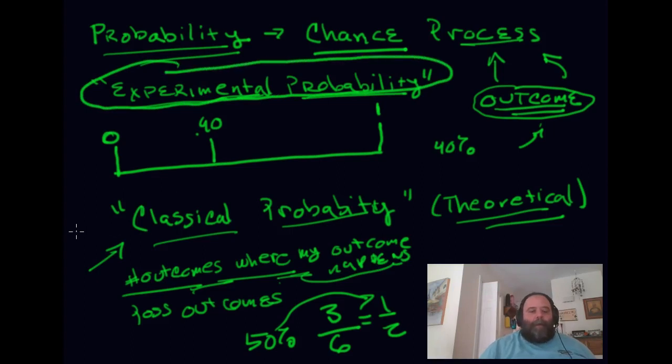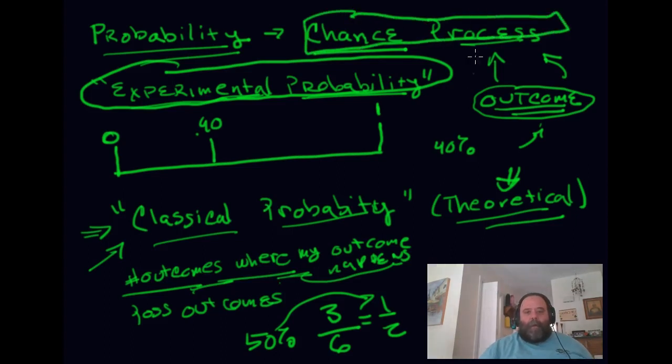Normally when we're talking about probability, we're talking about the experimental probability. This is a theoretical model of the experimental probability, made by examining the chance process itself. But it's a theoretical model. Now, if the theoretical model is good, then it should follow what we're about to call the law of large numbers.